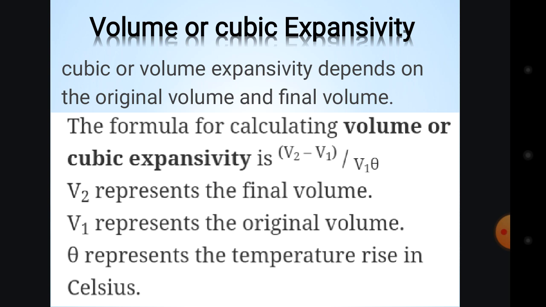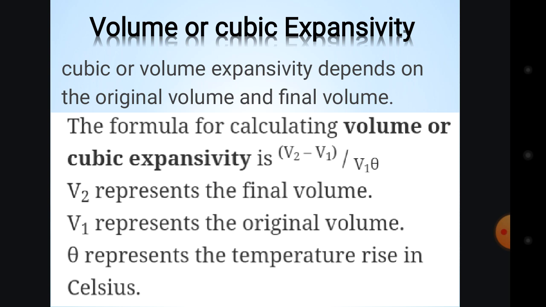Also V2 represents the final volume, V1 represents the original volume, and theta represents the temperature rise in Celsius. So you see for all of them, the temperature rise is in degree Celsius. If it is the area, then it is dependent on area.